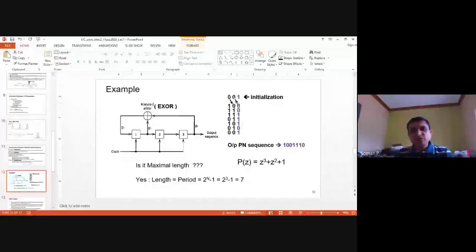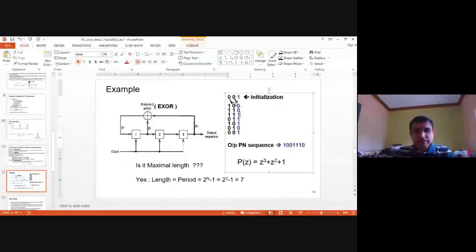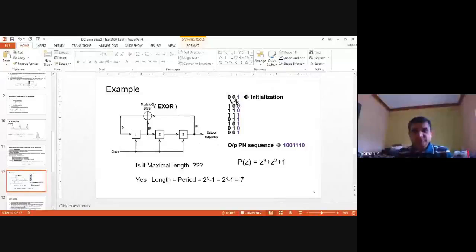Like that, you have to do it for all the clock cycles. The XOR of this 1 and this 0 is the first output, and the third output is this one.